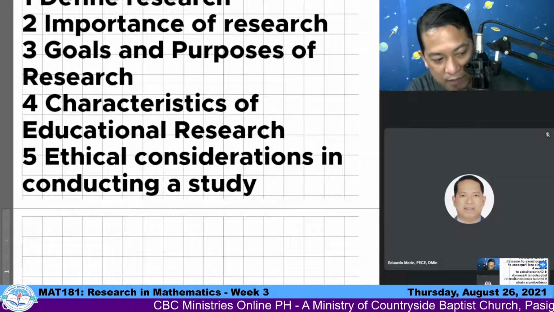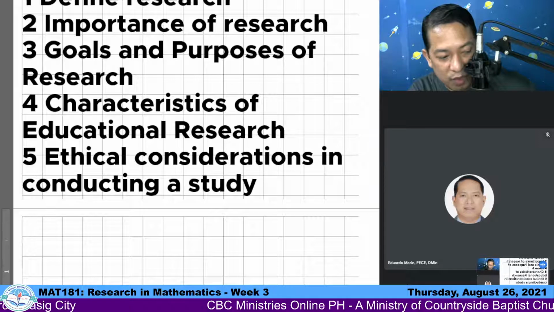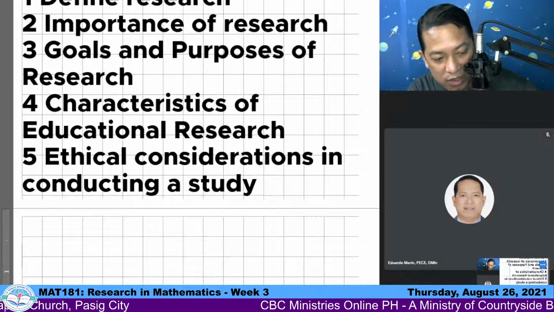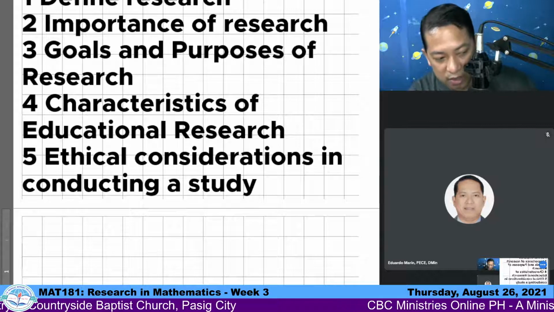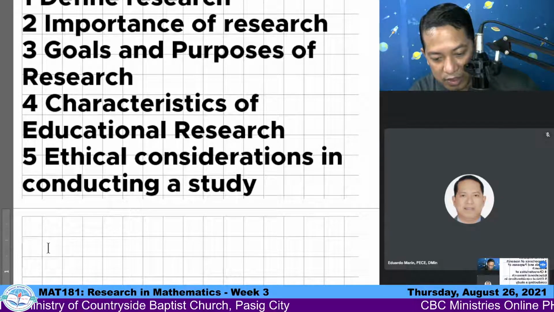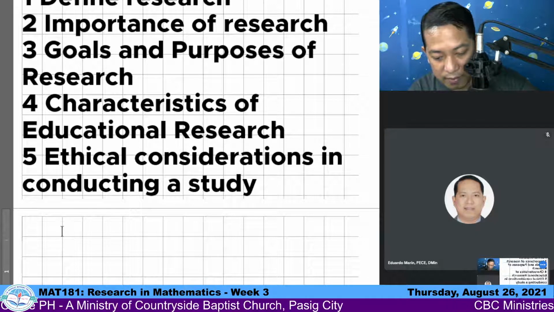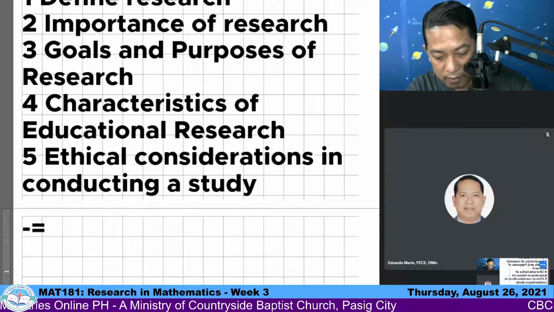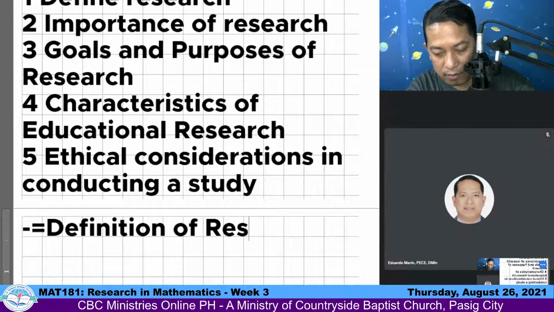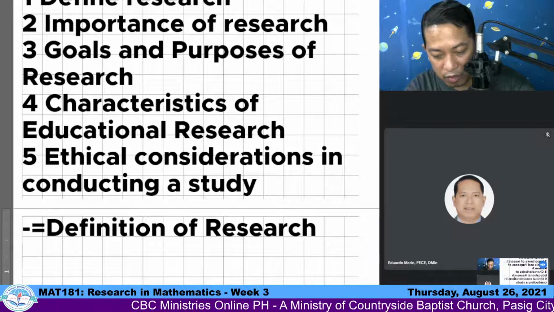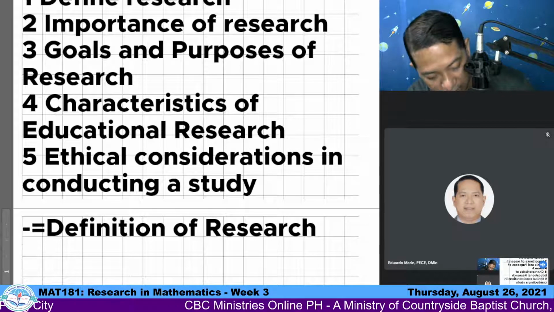Now, there are some definitions of research that we would consider as far as our study is concerned. So we have the definition of research, and you could Google this.